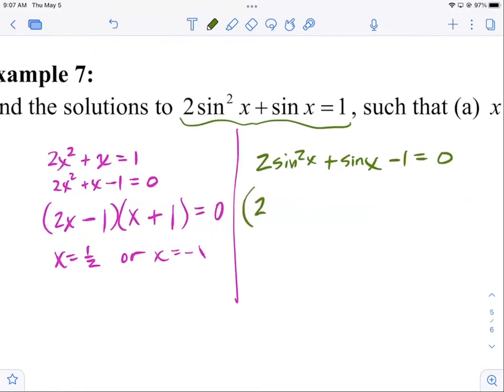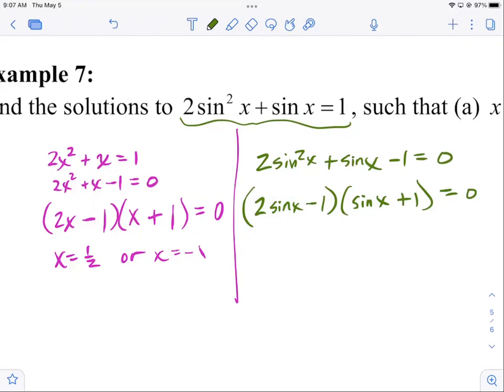It's going to factor as 2 sine of x minus 1 times 1 sine of x plus 1. And if you want to verify it, FOIL it back out. The first would be 2 sine times sine. That's 2 sine squared. Boom. The outer is 2 sine. The inner is minus sine. 2 sine minus sine is positive sine. And then the last is -1.